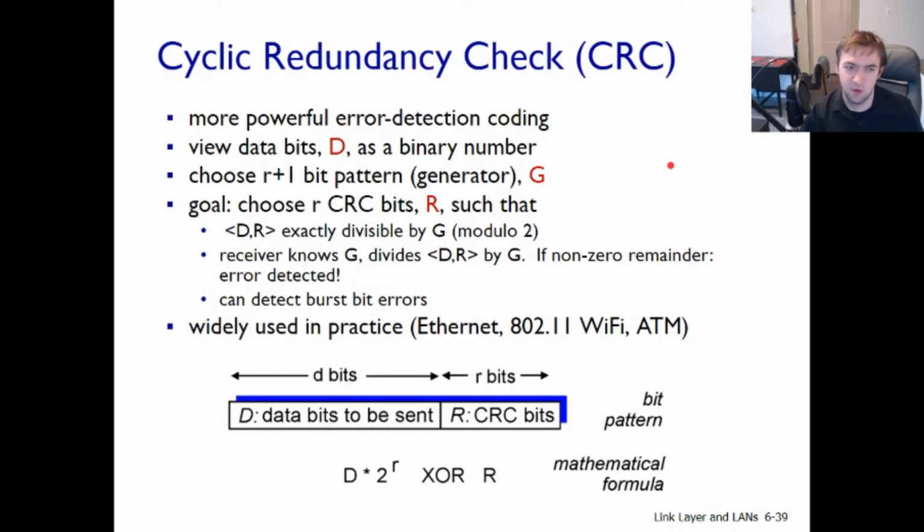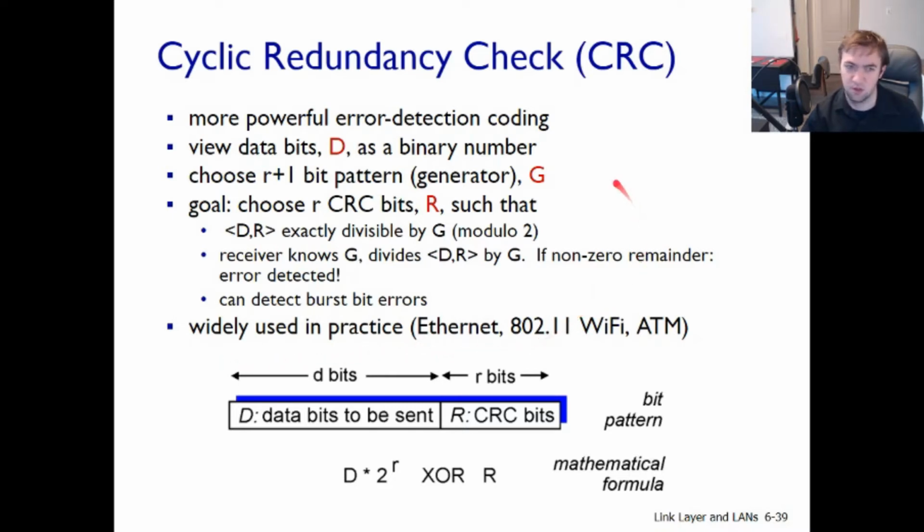A more powerful way to detect errors is using CRC, which is cyclic redundancy check. This is a more powerful form of error detection, which uses a bit more math to figure out whether or not, same problem as before, D data bits actually have an error in them.